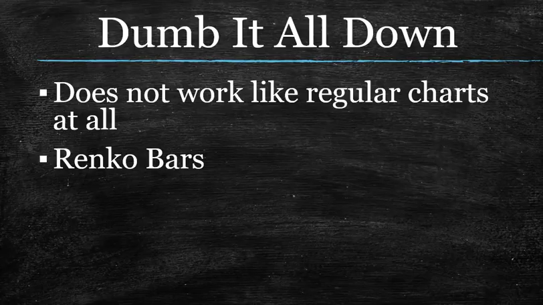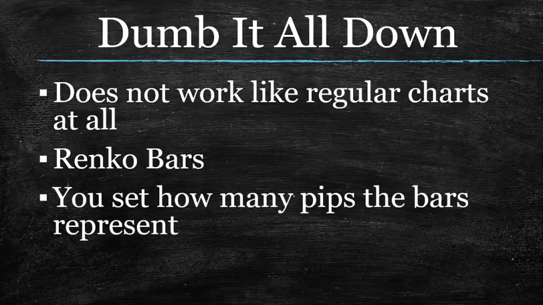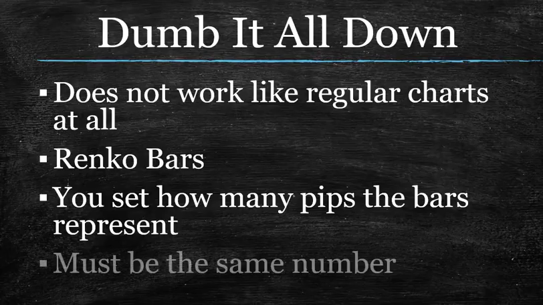It uses something called Renko bars, and each of these bars represents a fixed number of pips, and that number is totally up to you. Now, once you've set it, that's where it is until you change it. Every bar will represent the exact same number. So if you set it at 10, it's all going to be 10. If you set it at 50, it's all going to be 50. They must all be the same number.